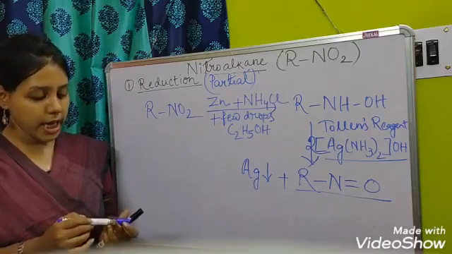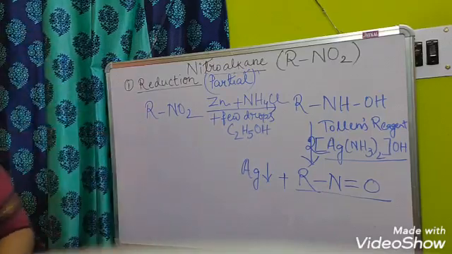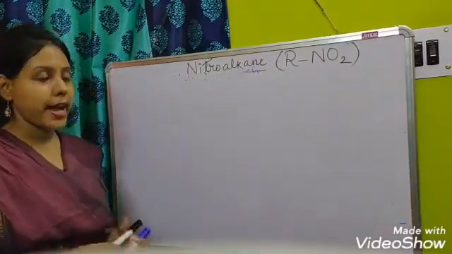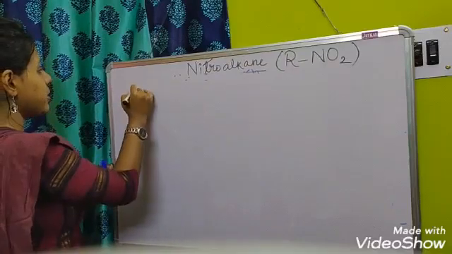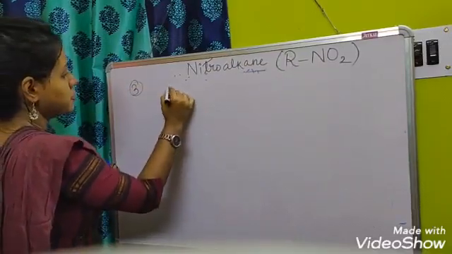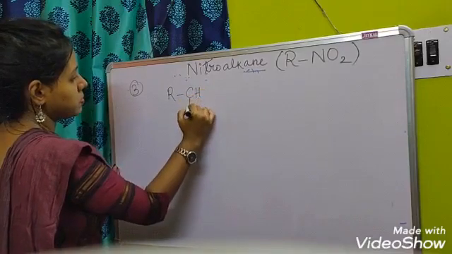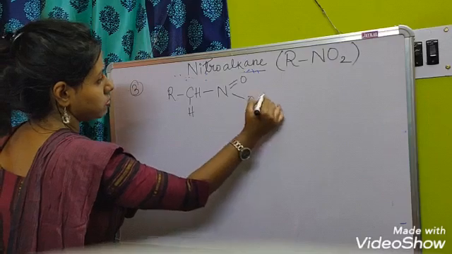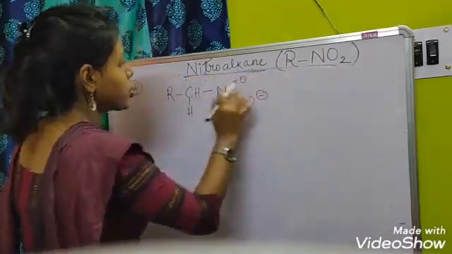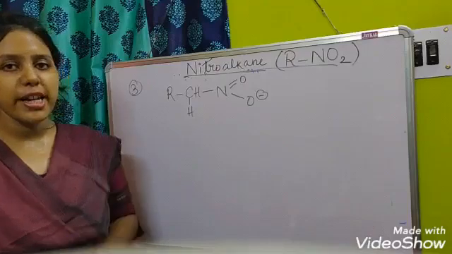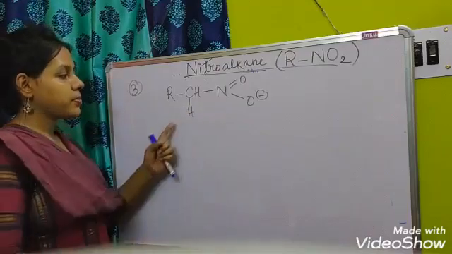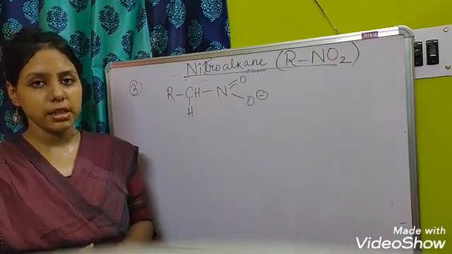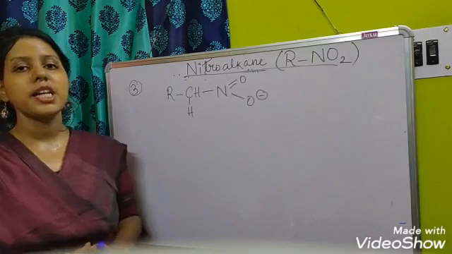Clear? Okay. Now the next reaction, the acidic property of nitroalkane. If we see this nitroalkane, we can see that there is an alpha hydrogen present, and this alpha hydrogen is weakly acidic. It has a very little acidic property.